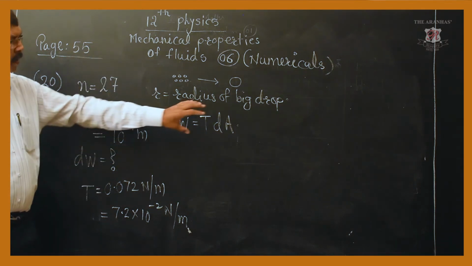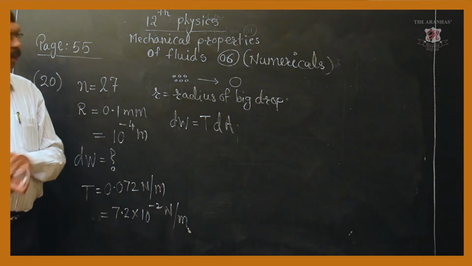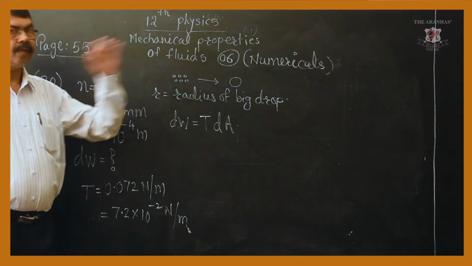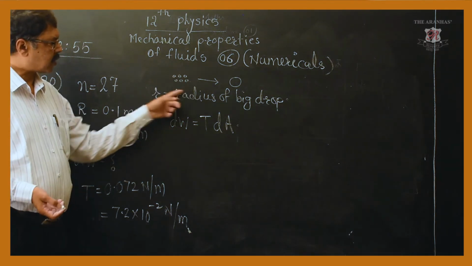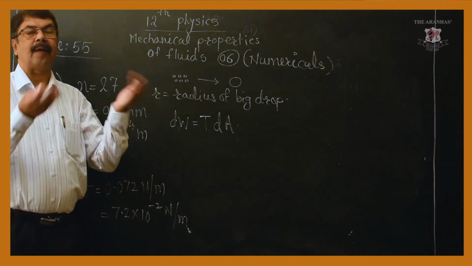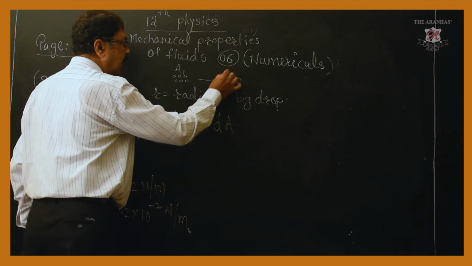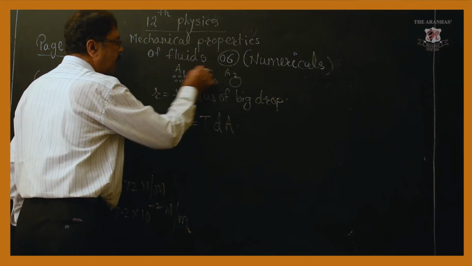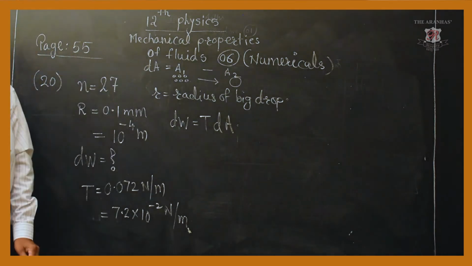So my work is just to find out the change in surface area. But I don't know the radius of this drop. How can I do it? I can find the total surface area of this and the surface area of this and find the difference. If I call this A1 and this A2, A1 minus A2 will be my change in area.